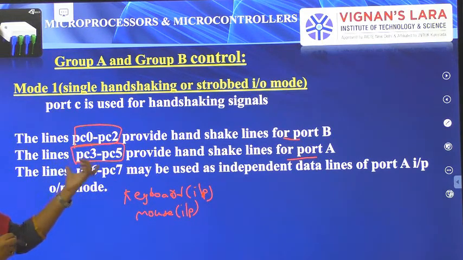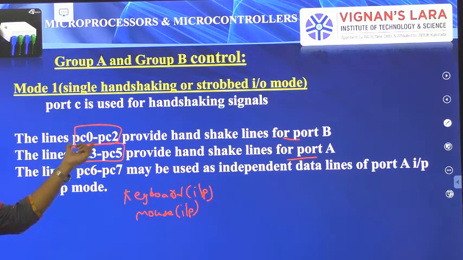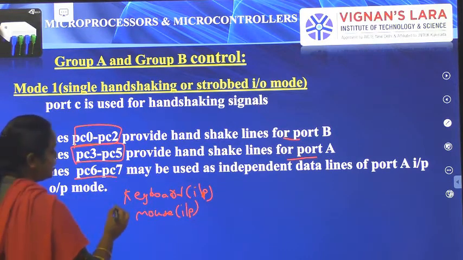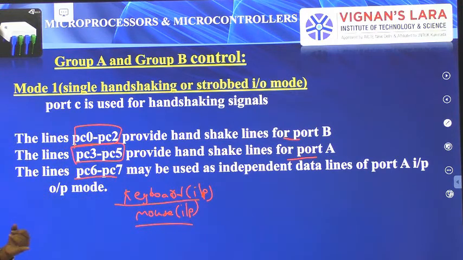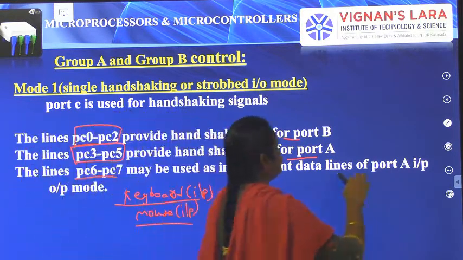We already know the upper port C is used for port A and the lower port C is used for port B. The lines PC6 and PC7 may be used independently. That means PC6 and PC7 are used combined or individually. So the keyboard acts as an input and the mouse acts as an input. We are providing only a single operation in programming using mode 1 operation. Coming to the next slide.